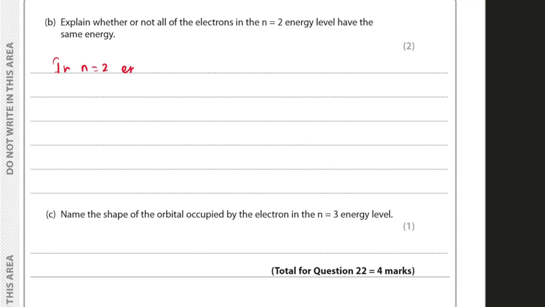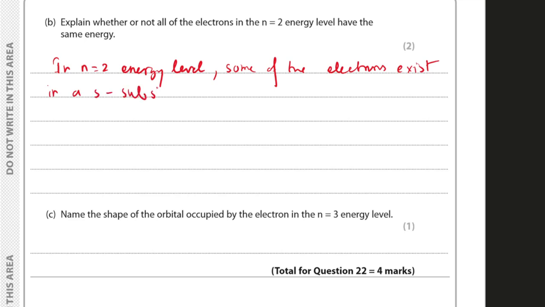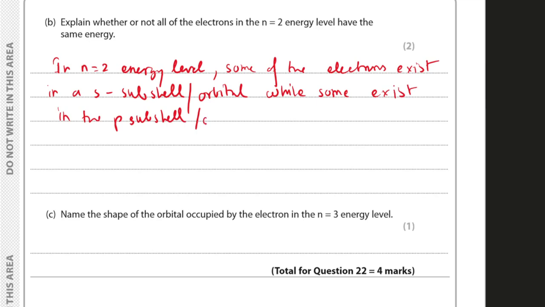In the n is equal to 2 energy level, some of the electrons exist in an s subshell or orbital, while some exist in the p subshell or orbital.